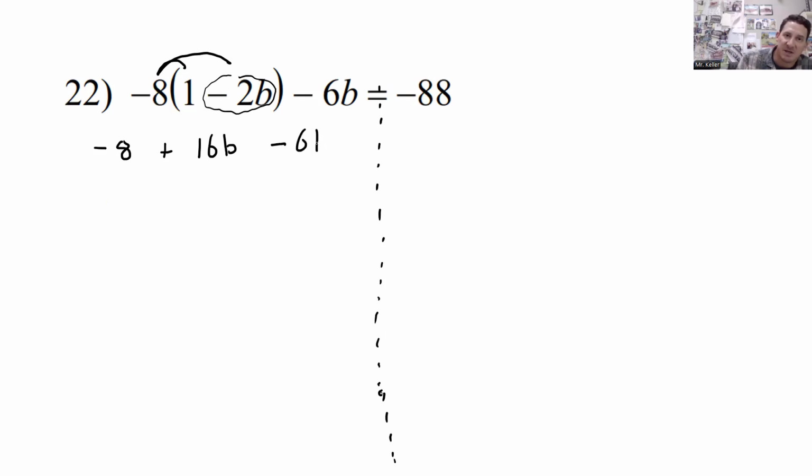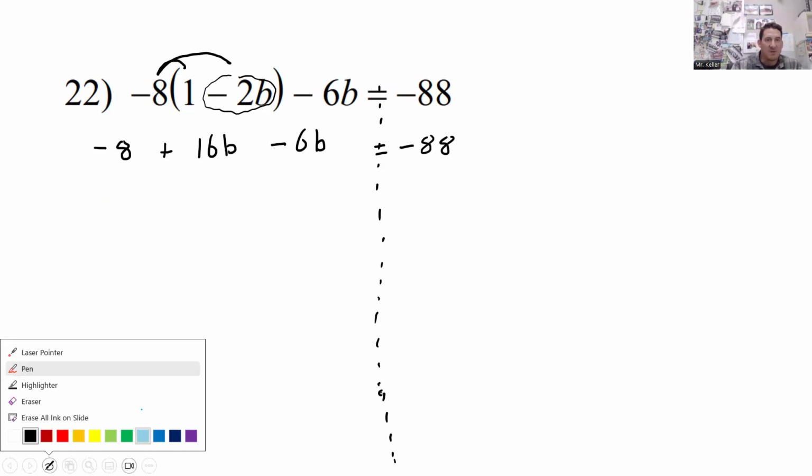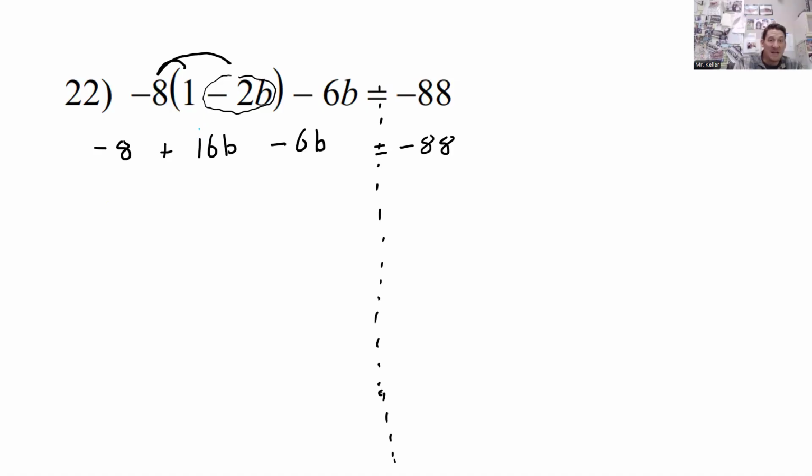Minus 6b is equal to -88. Before I do anything, I'm going to combine like terms. So I have a positive 16b minus 6b. 16 minus 6 is 10. And then we have the b. So -8 plus 10b is equal to -88.